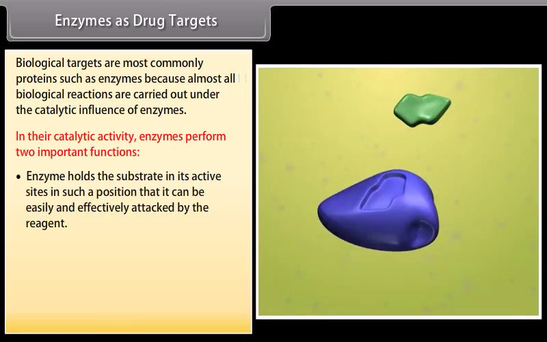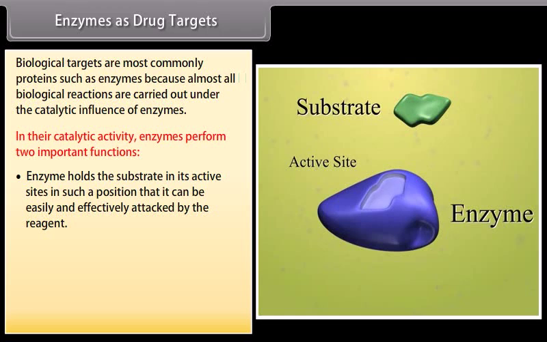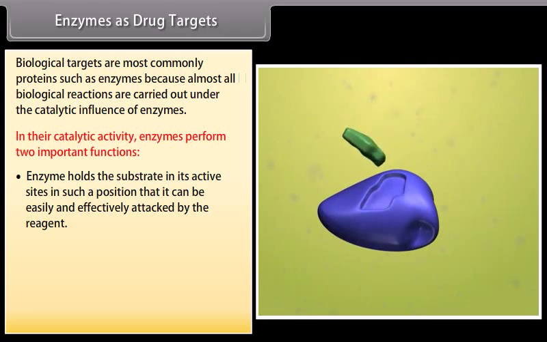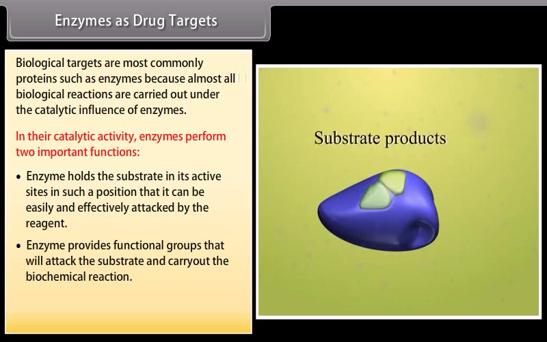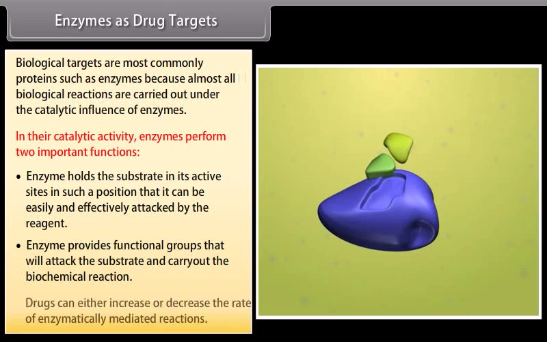Enzymes hold the substrate and its active sites in such a position that it can be easily and effectively attacked by the reagent. Enzymes provide functional groups that will attack the substrate and carry out the biochemical reaction. Drugs can either increase or decrease the rate of enzymatically mediated reactions.